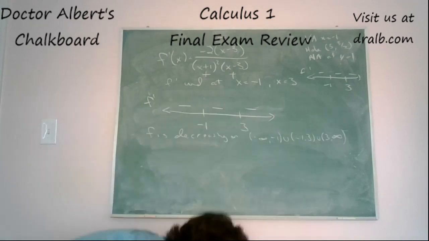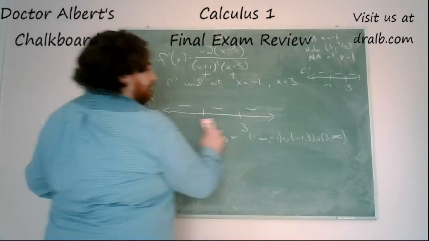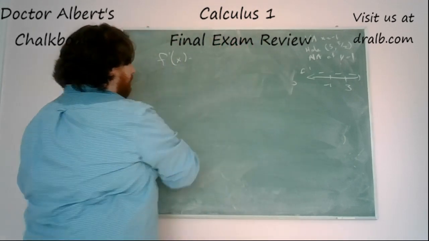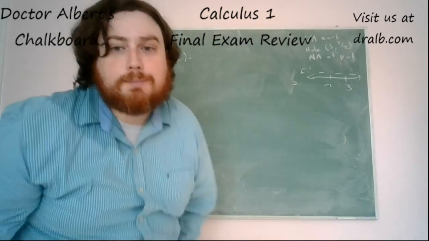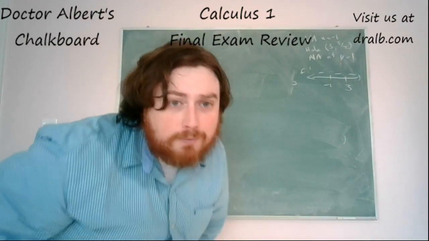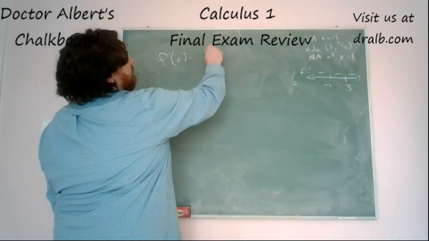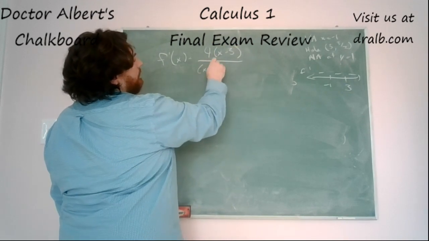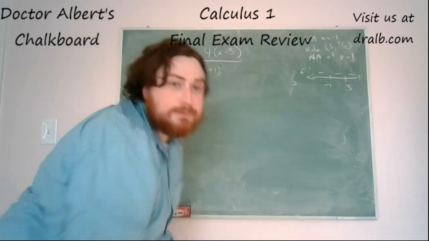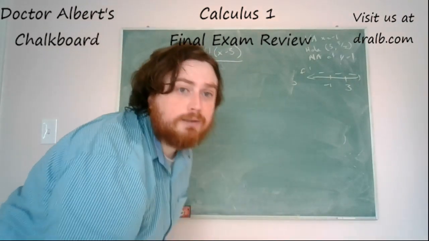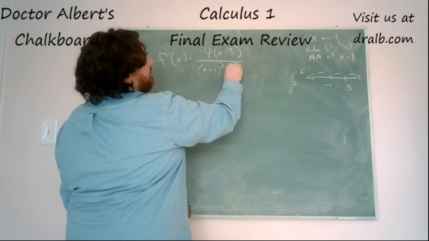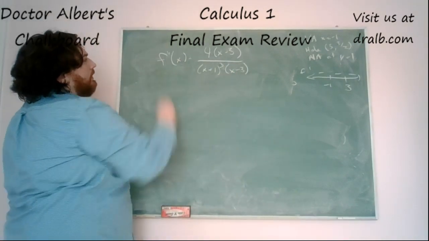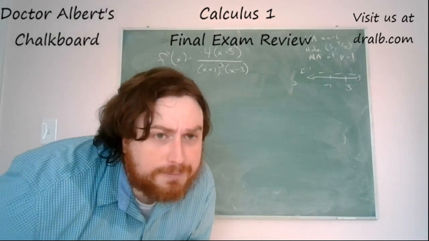And I'm going to move on to my second derivative. So if I look at my second derivative, it's going to be 4 times (x minus 3) over (x plus 1) cubed times (x minus 3). And so that's what they give me in the problem.